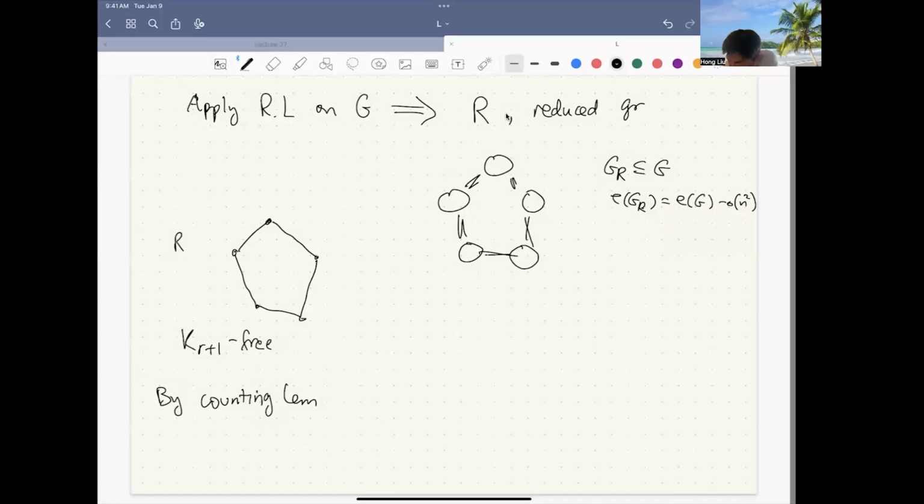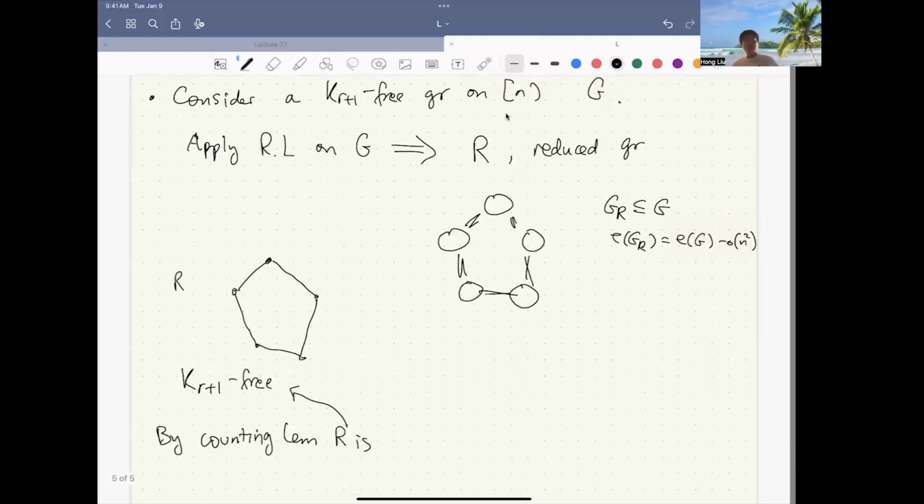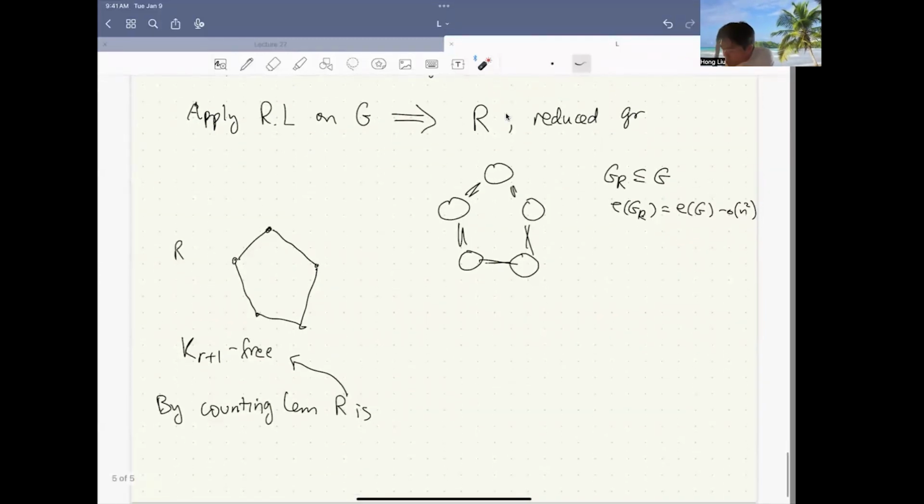By the counting lemma, the reduced graph R is K_{r+1}-free, because if the reduced graph has a K_{r+1}, then the original graph has many K_{r+1}, which is a contradiction. Good.